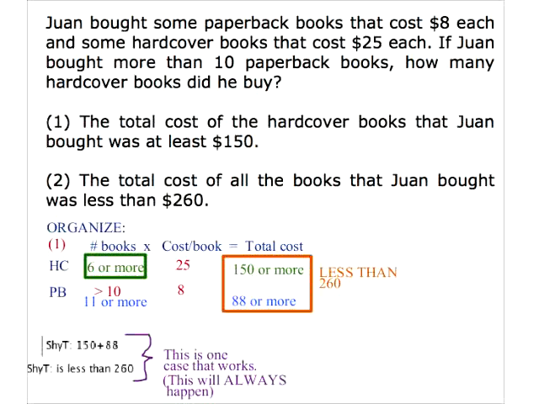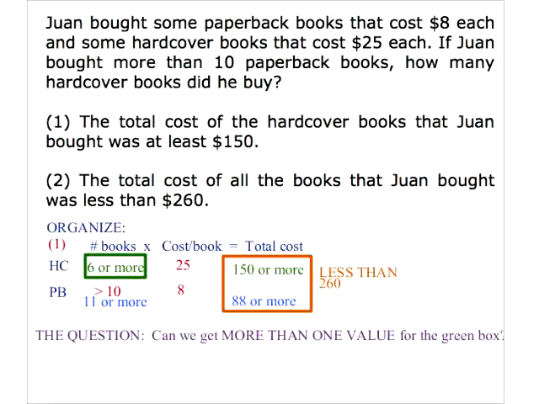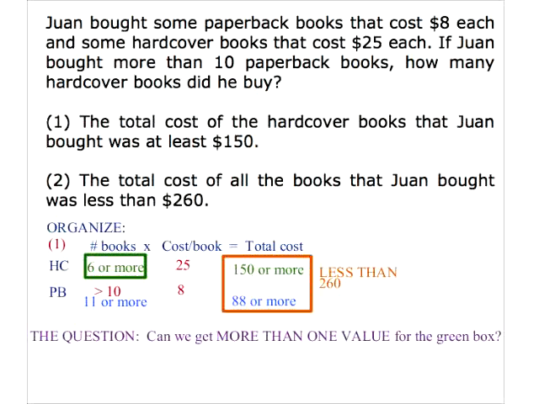A lot of people don't take the time to sort out these basic issues, but the question here is, can we get more than one value for the number of hardcover books, which is the green box? Well, let's take a look.